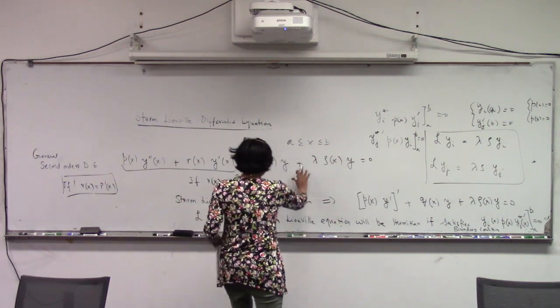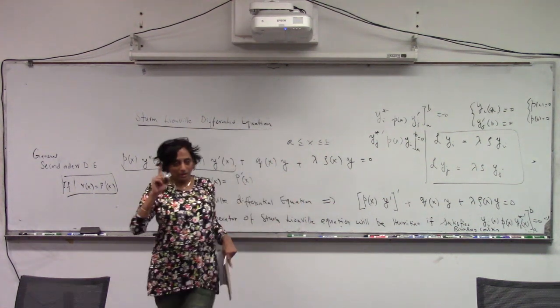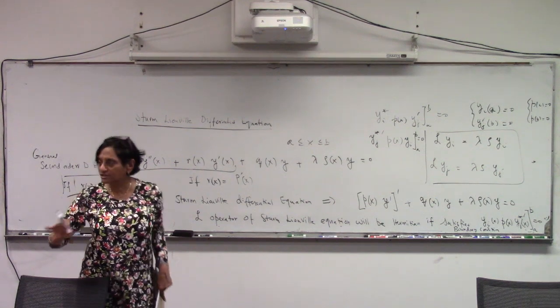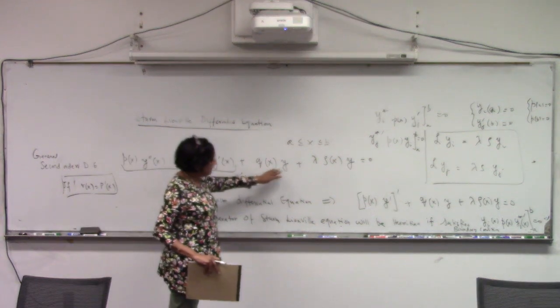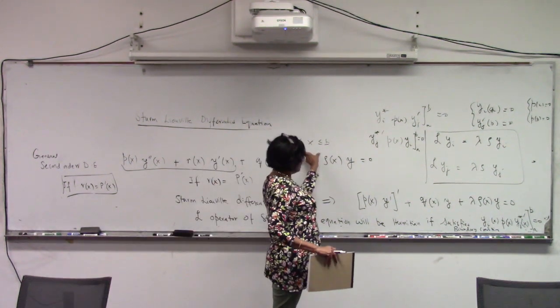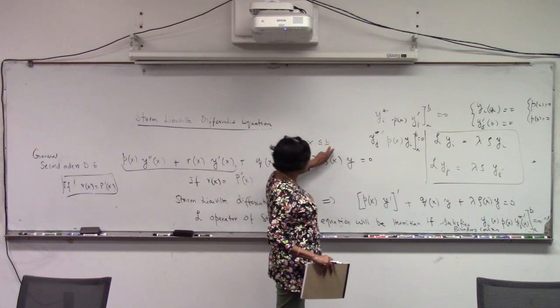So basically, we are trying to solve the differential equation now subject to a boundary condition. So far, we were not talking about solving the differential equation subject to a boundary condition, but now we are going to solve this subject to the fact that the solution at the extremities is 0, or the solution is 0 and also the first derivative is 0.